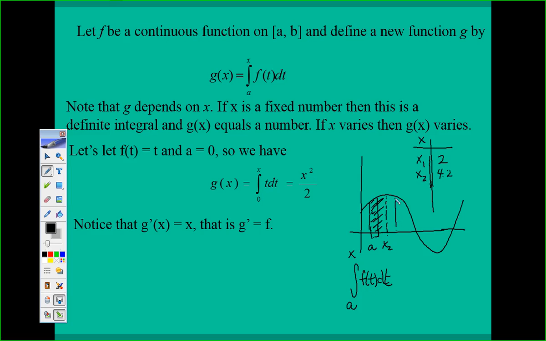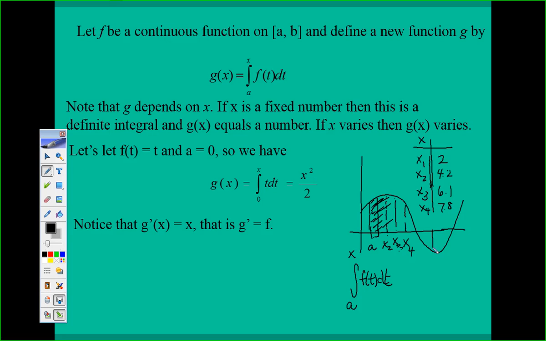Then I could plug in another value, let's say x sub 3, and we would get this area. So let's say that's 6.1. So we could keep plugging in values of x and getting out the corresponding values for the area. That's why we consider this a function.